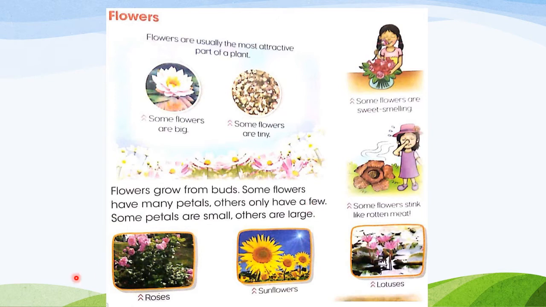Some petals are small, and some petals are very large, just like the sunflower and lotus. Look at their petals. Some are large in size, and some are very small in size. Okay, these are flowers. Flowers are a very beautiful part.